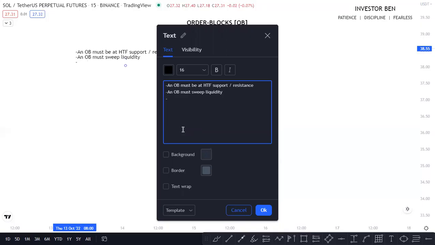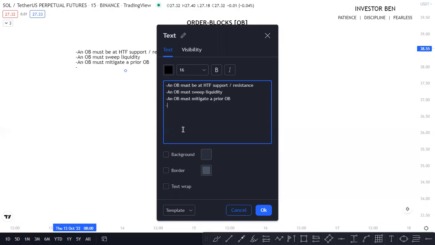So another one, an OB must mitigate a prior OB. Must mitigate a prior OB.